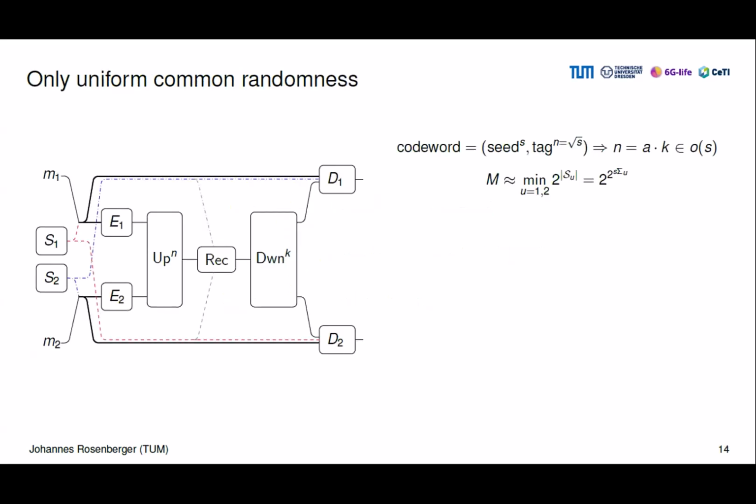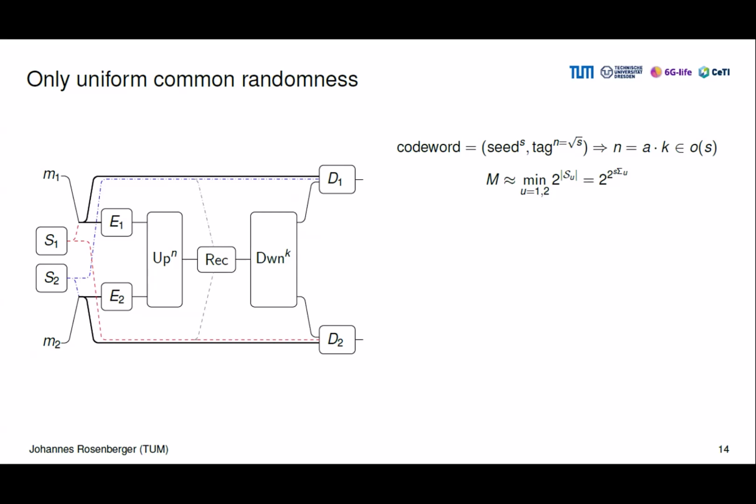We simplify again. So we consider separately the cases where we have only common randomness and only local randomness. We didn't consider the combination yet because before we can solve the local randomness case completely, it doesn't really give us insight, I think.